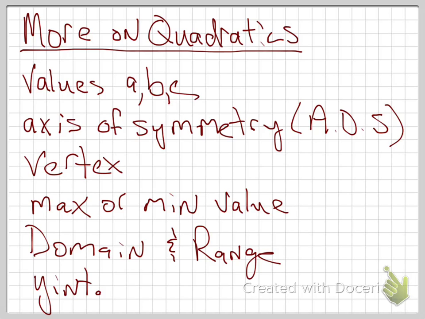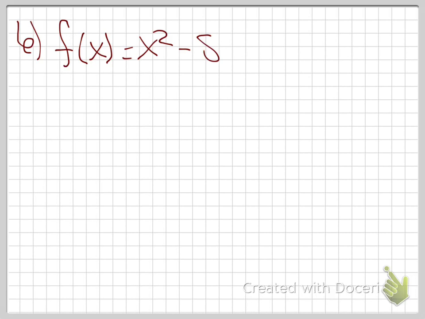If you have a problem, let me do number 6 on the side where there's some notes. I'm looking at f of x is equal to x squared minus 8x plus 15. If you graph that on your calculator, you need a graphs page.